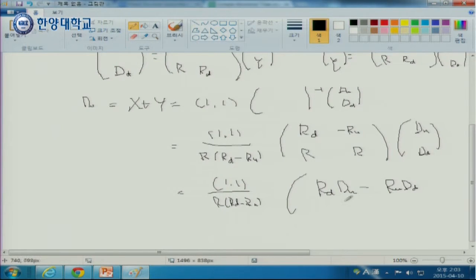And this is RTU minus RTD. And then since we multiply 1, let's delete this one, and we have to plus this one, right? Because we multiply 1, so yeah.